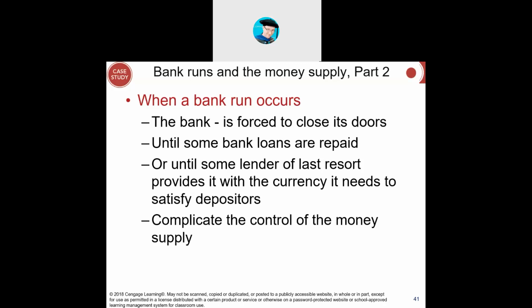So when too many people go to the bank at the same time and withdraw the cash from their accounts, the bank will be forced to close because they won't have the kind of cash to pay them. And they'll remain closed until they can get some loan money coming in, right? Or until they go to the Fed, the central bank, and say, "Hey, I need more cash."